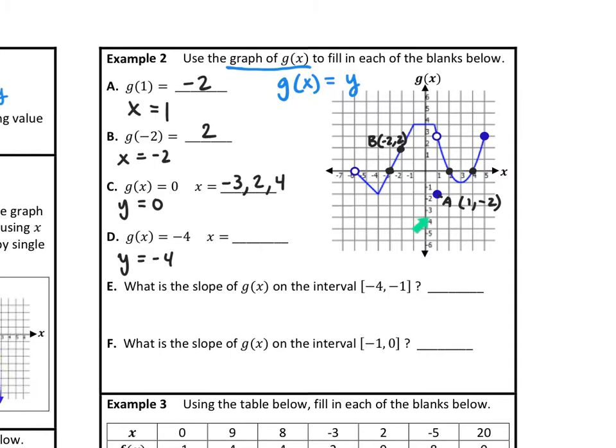So that means I'm going to scan to my left and to my right. But if I scan to my left and my right, there's no graph down here. So if there's no graph, I say it's undefined.